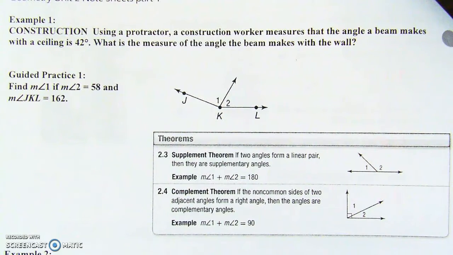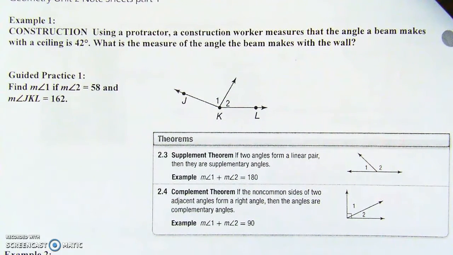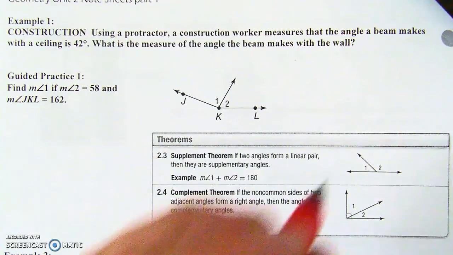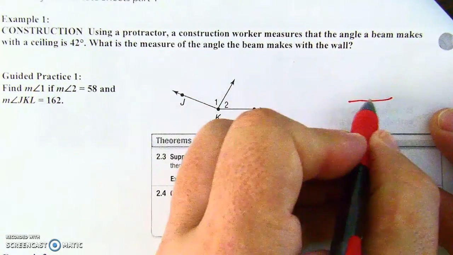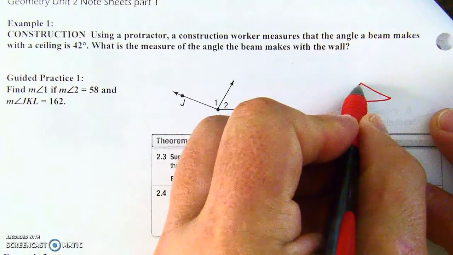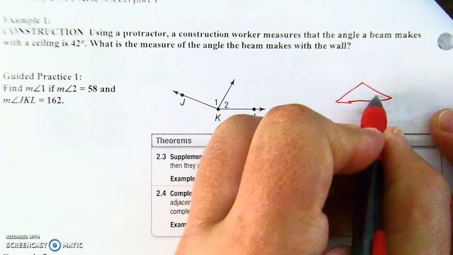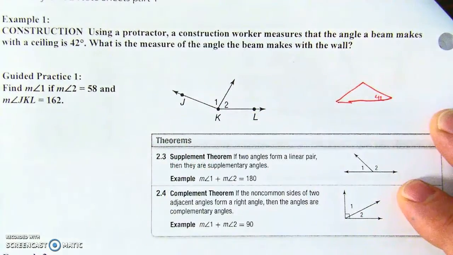But it says to use a protractor. A construction worker measures the angle of a beam with the ceiling. So we're talking about a beam. That's our beam, and this is our ceiling, like in a house, and we're going to call this 42 degrees. What is the measure of the angle of the beam with the wall?